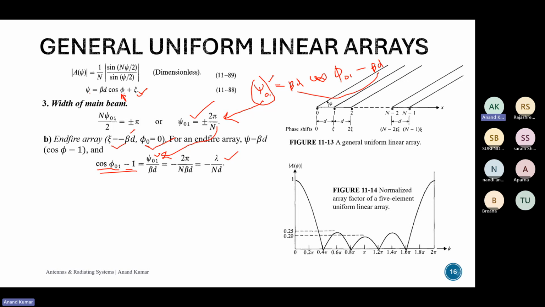This can be simplified by expanding the series for cos. So cos phi 01 can be written as cos delta phi, because cos phi 01 is cos of phi 0 plus delta phi, and phi 0 is 0, so it is the same angle.